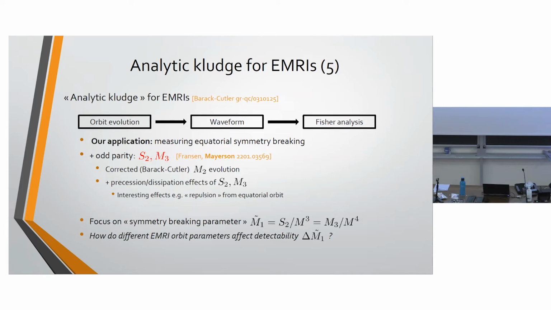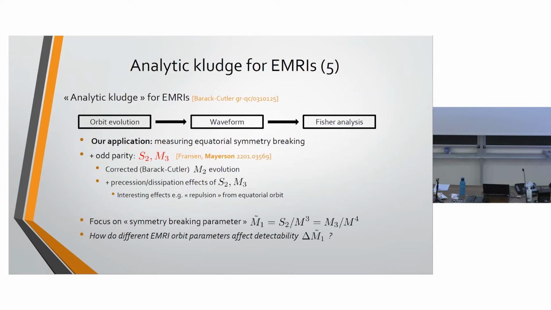Whereas when you break equatorial symmetry, you have other effects that are very, very different from all these symmetry conserving multipoles. For example, you have effects that you really see as singularities in the orbit evolution, corresponding to being repulsed from something that is not there for equatorial preserving multipoles.